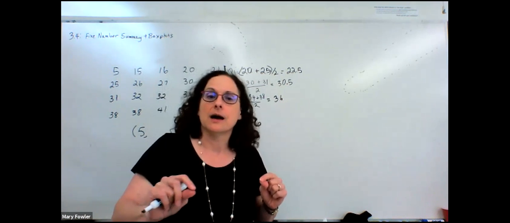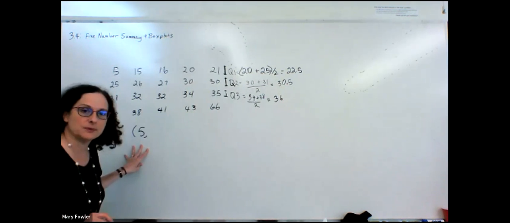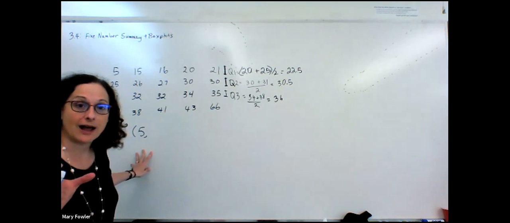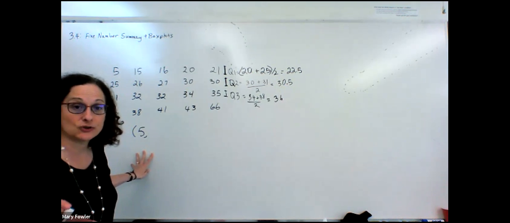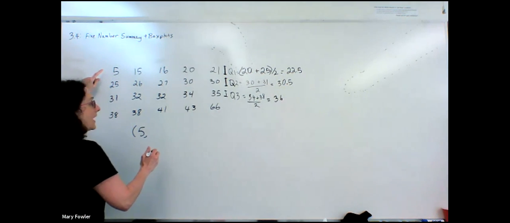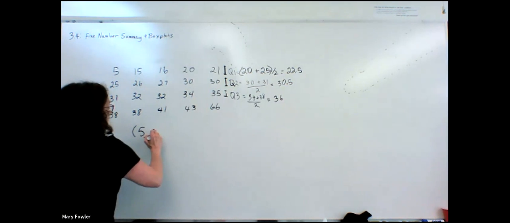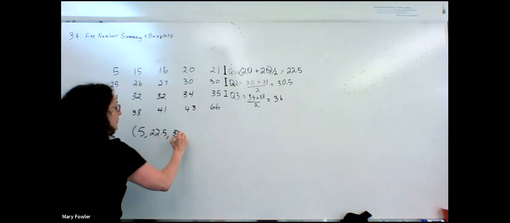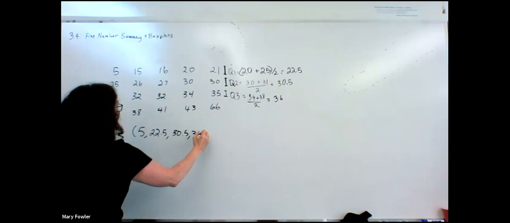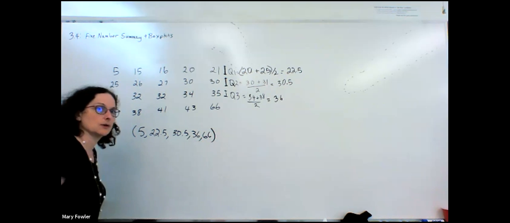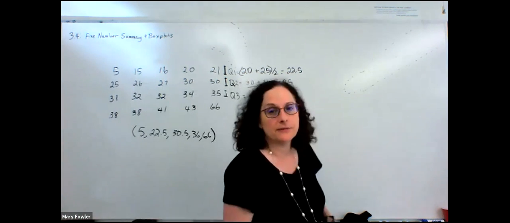They should be in order with commas between them. And that is the numerical summary. So it's 5, 22.5, 30.5, 36, and 66. Okay, so that's our 5-number summary.